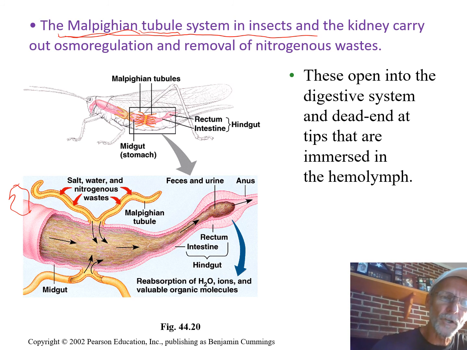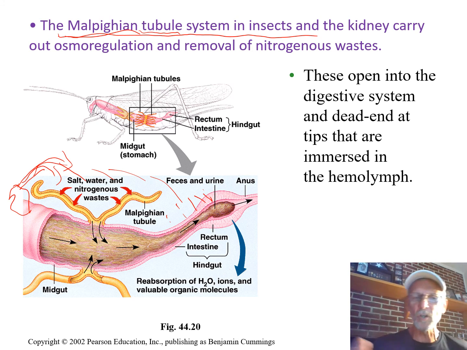I'll draw it over here. That heart pumps blood into arteries, but then those arteries just end and the blood kind of spills out, and we don't call it blood, we call it hemolymph, but it's the same idea. It just doesn't have red blood cells in it, right? And so this spills stuff all over all the cells of an insect and brings them nutrients and takes away waste. So it serves the same function as your circulatory system.